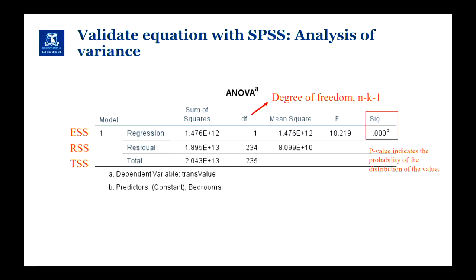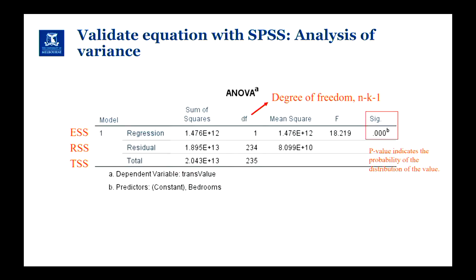In that case, the probability is less than 0.000 something, so it's a very tiny probability. We reject the null hypothesis and conclude that the model should include some independent variables.